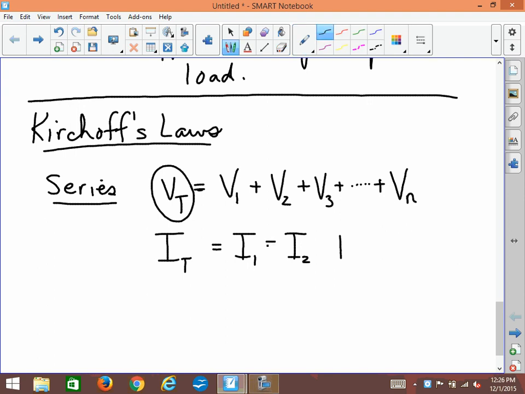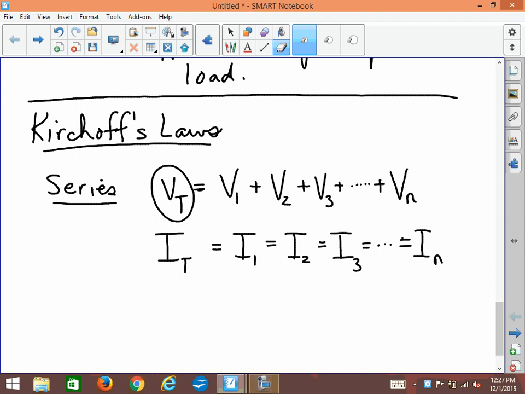The same, equals. The currents are always equal everywhere you look in this circuit. And that would go on until you reach the very last one. Whether you had 3, 5, 10, 5,000, 6 million, whatever, how many loads you had on the circuit, they would all be equal. And of course that little dot doesn't mean anything there. Let's get rid of him there.